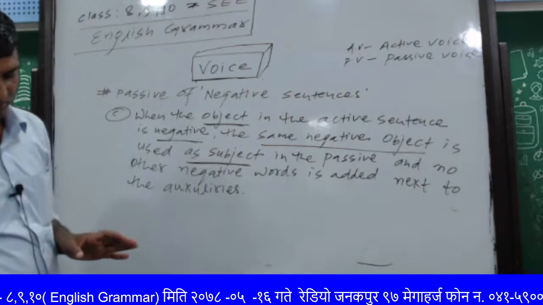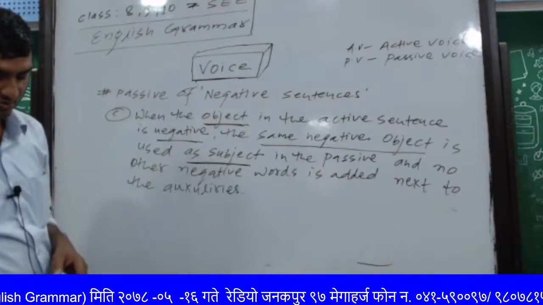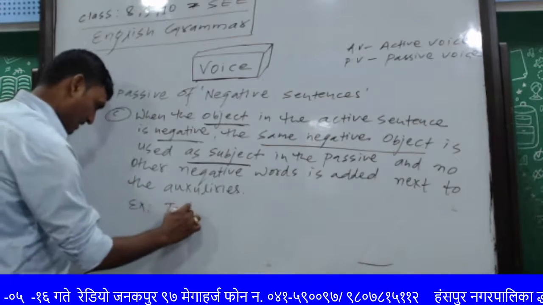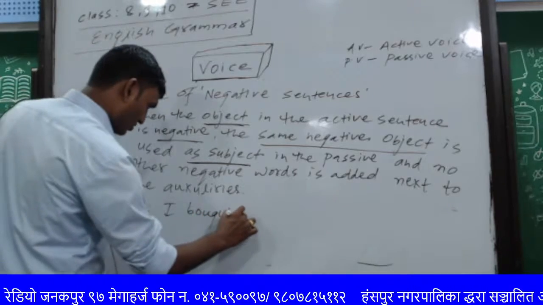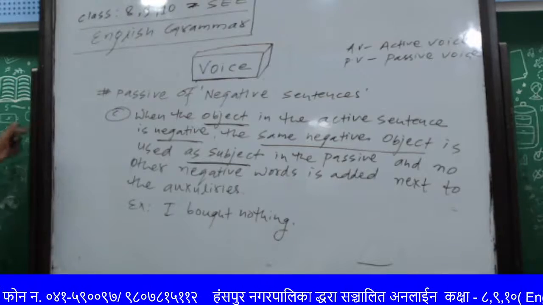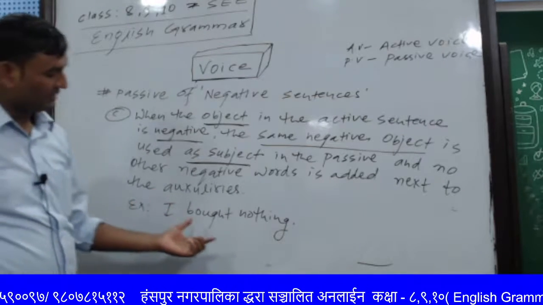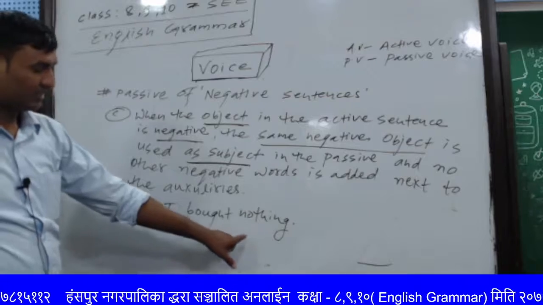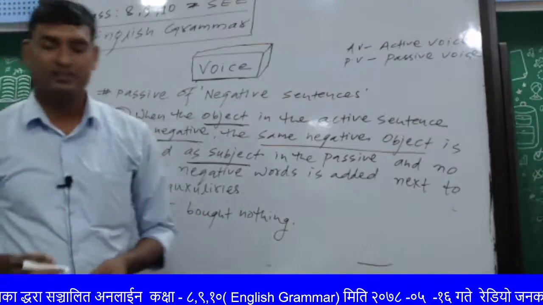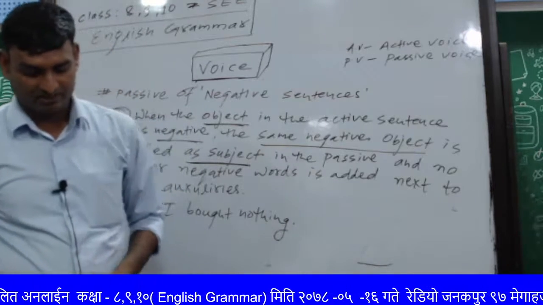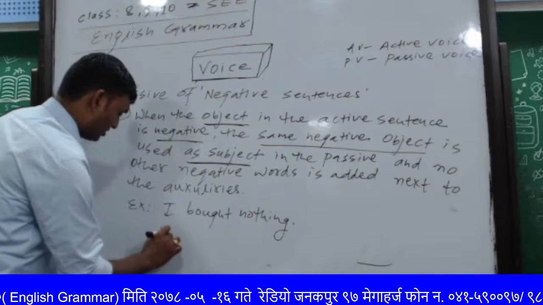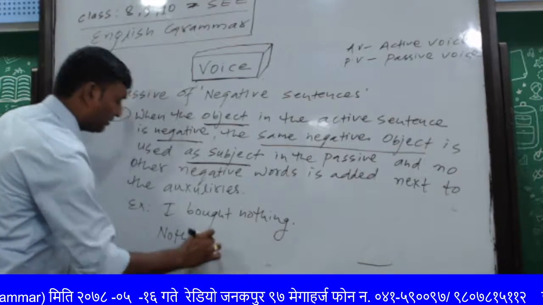An example. I am going to write one of the examples, then our concept will be clear. Example: I bought nothing. Listen, students. How can we change this sentence into passive? Nothing is the object, and nothing means here negative object. So negative object is used in the beginning of the sentence.